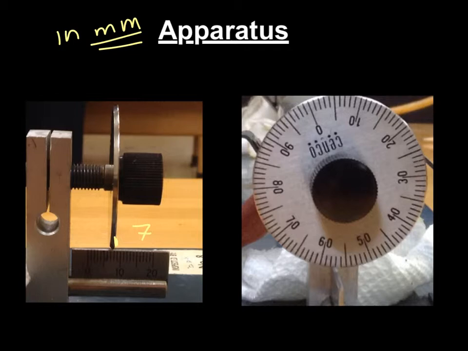This is your first digit, 7, because it's a little closer to the 8, but it's not quite. Then you look at the end, where it goes all the way around. From this side we get our decimal points, just like a regular caliper.